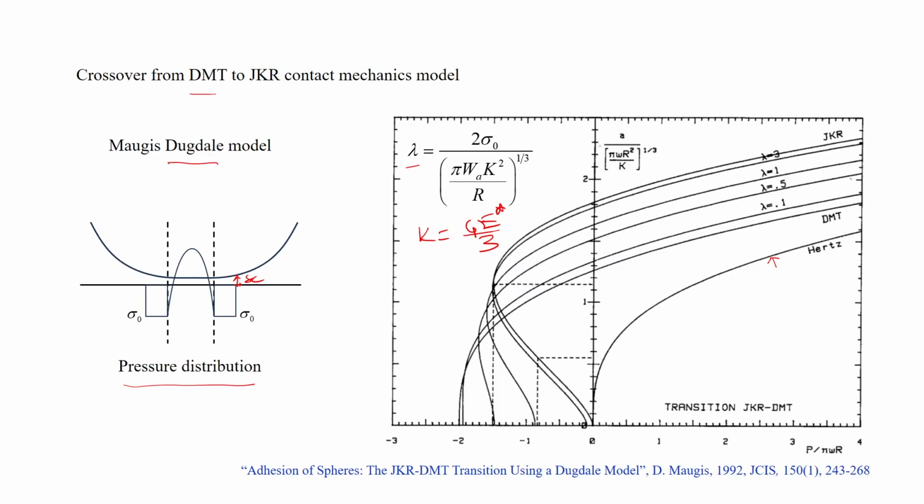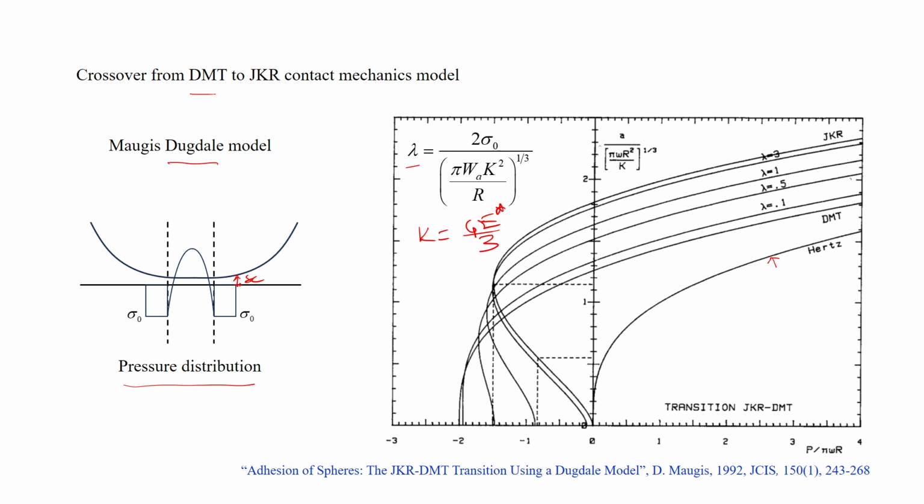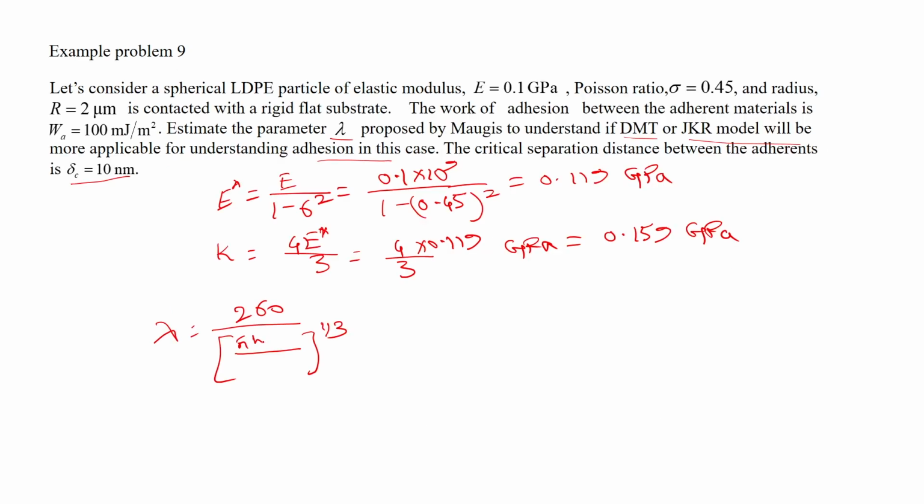In this model, lambda is equal to 2 sigma 0 by pi W A K square by R, the whole to the power 1 upon 3.